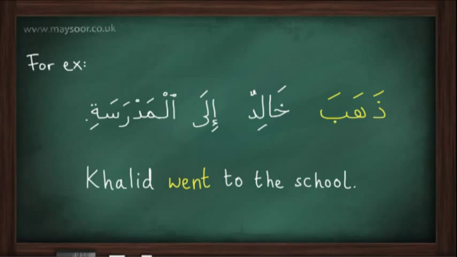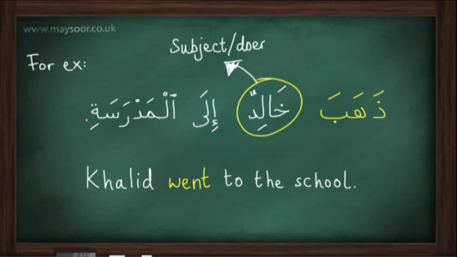In the above example, the ism, the noun, Khalid, is the subject of the verbal sentence. In Arabic, we refer to the subject or the doer of the action as the fa'il. The fa'il, the subject, is the one that went.